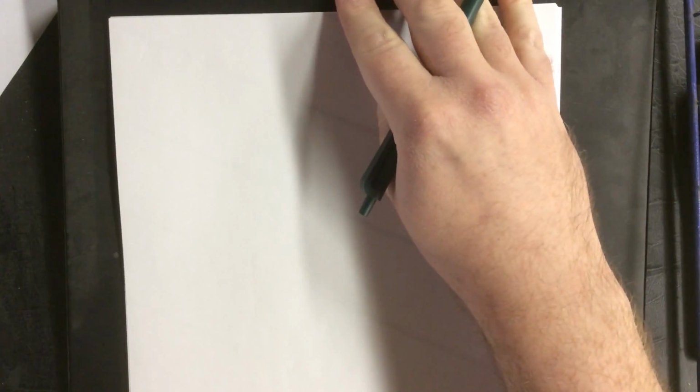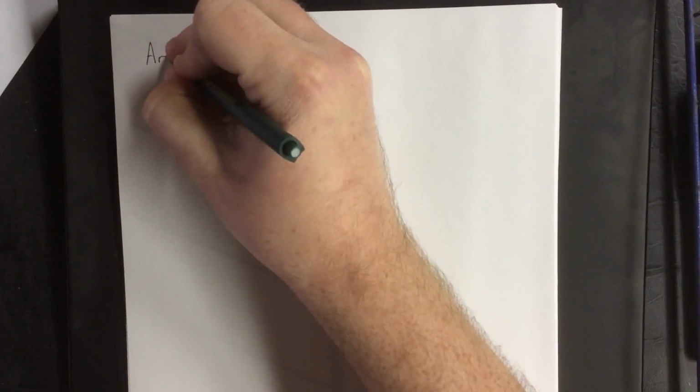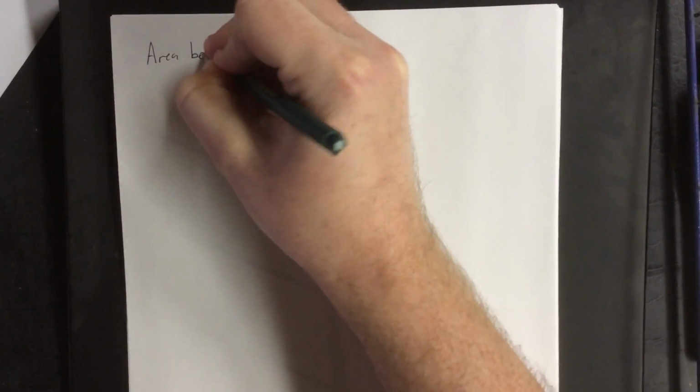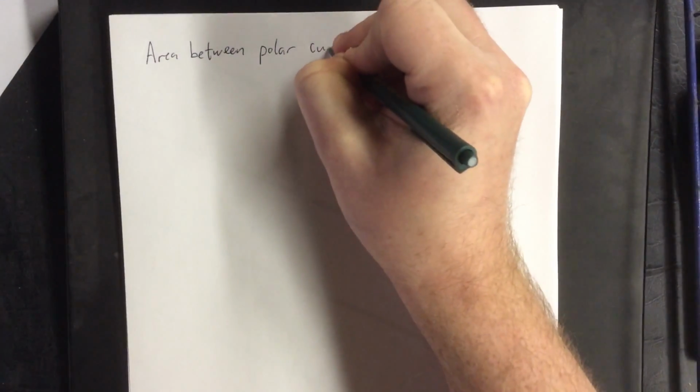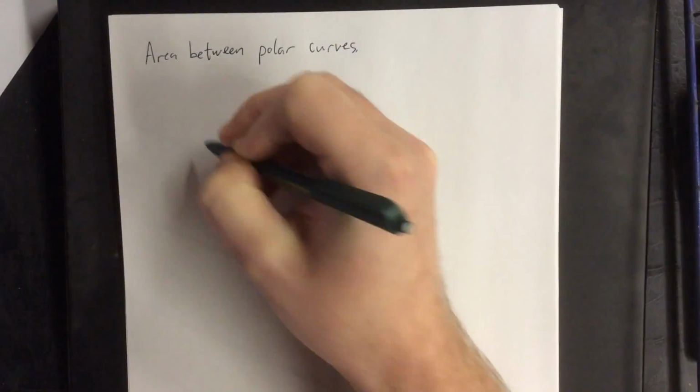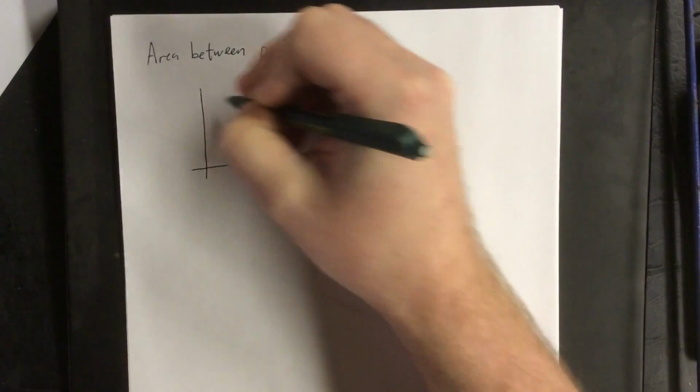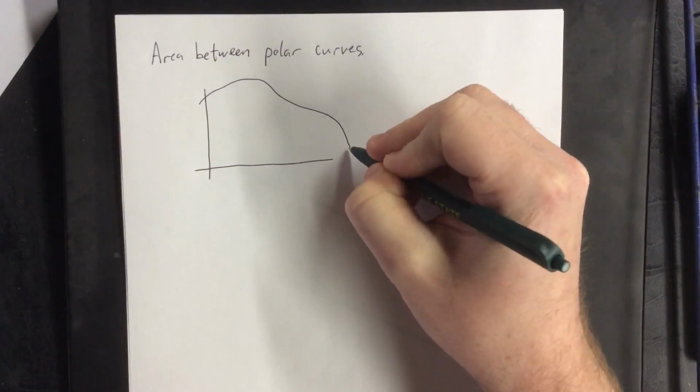However, if we're going to talk about area in polar coordinates, another important topic of conversation is going to be the area between polar curves. Now for the area between polar curves, that means we're going to have to define two different polar curves.